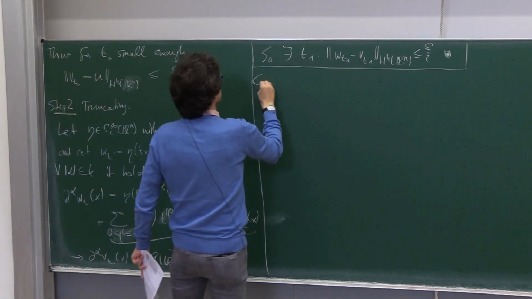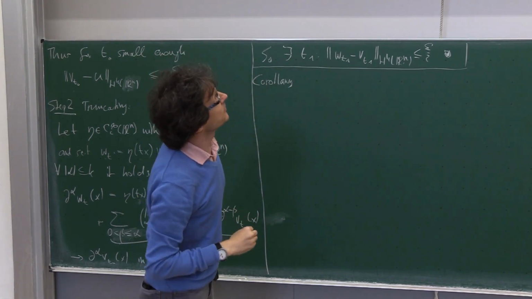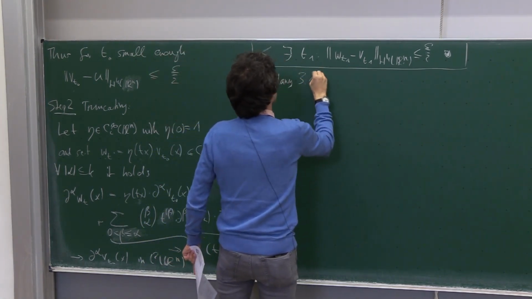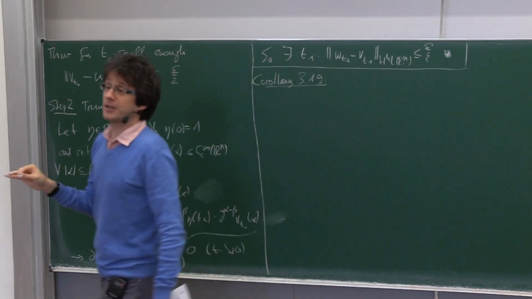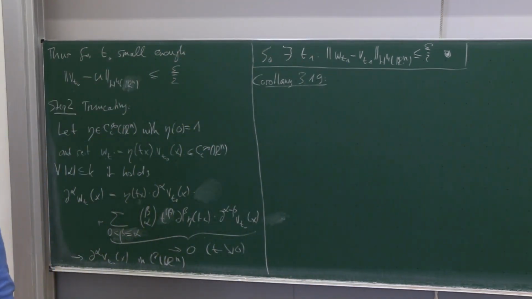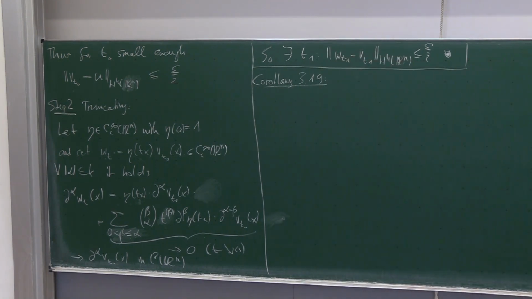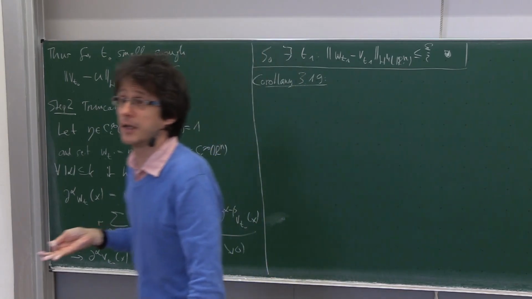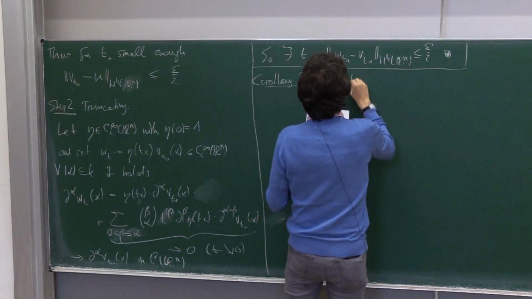And I already told you the main benefit of this denseness of CC infinity is that you can do proofs by showing some equality only for CC infinity functions, and then make sure that both sides of the equation behave well under the limit in hk, and then you get the same equality for all hk functions. This is a usual thing that you do for proofs. And this is what I want to show here, is one of these.